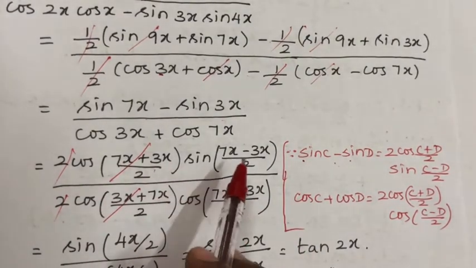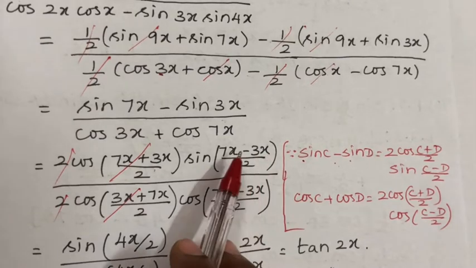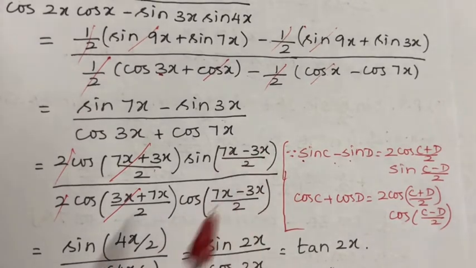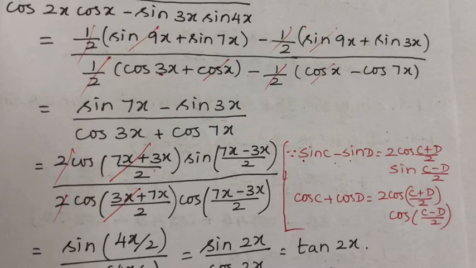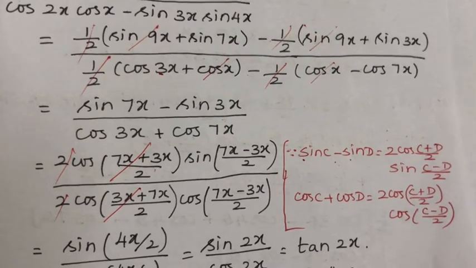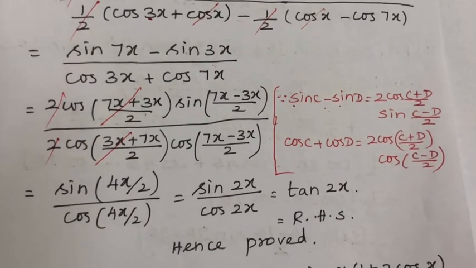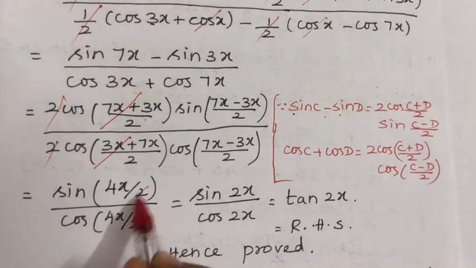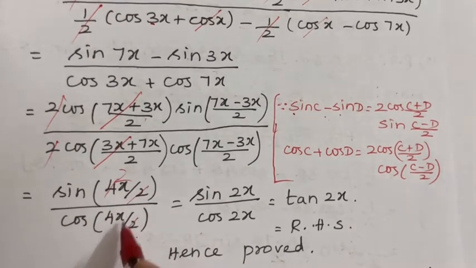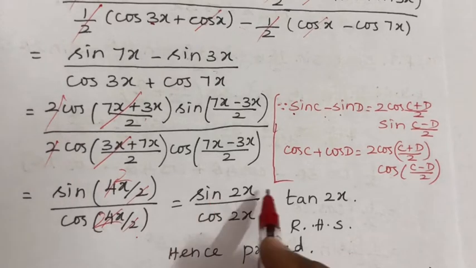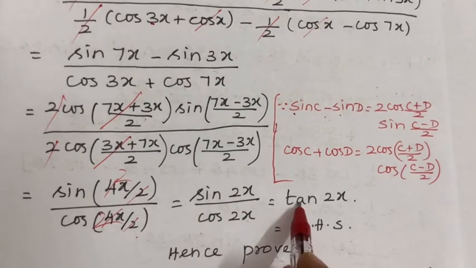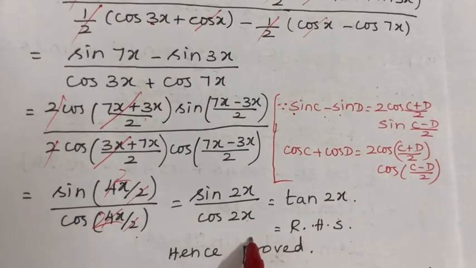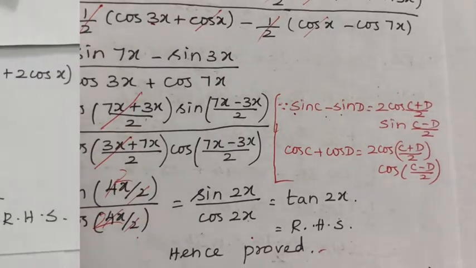Here sin (7x minus 3x) by 2. 7 minus 3, it is 4. So 4x by 2. Similarly, in the denominator also (7x minus 3x) by 2. So cos 4x by 2. 4 by 2, I know, it is 2. So it is sin 2x by cos 2x, that is equal to tan 2x, and that is our right hand side.